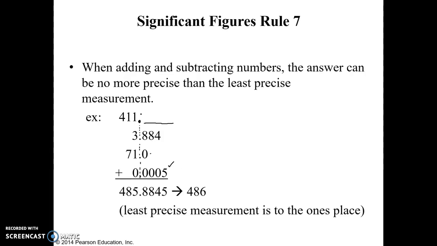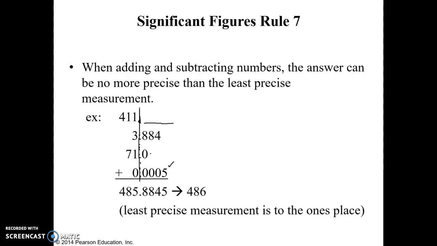But the limiting factor in this problem is going to be this first number, because it gets cut off right there. No significant figures after that. So we basically want to chop off all of our numbers at that same point.